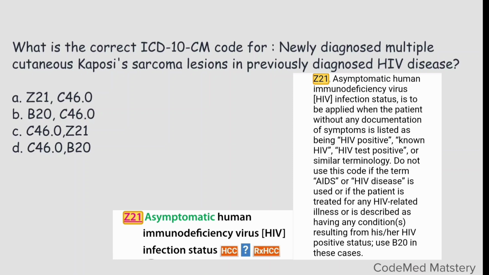And we should not use Z21 if the term HIV disease is mentioned, or if the patient is treated for any HIV related illness. So here they have mentioned multiple cutaneous Kaposi sarcoma lesions in previously diagnosed HIV disease. So we cannot code for asymptomatic HIV. So we'll eliminate option A.